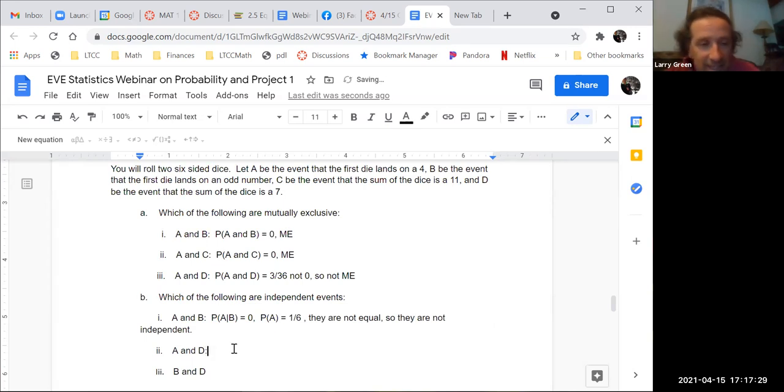Okay, let's look at A and D. So A again is the event that the die lands on a 4. D is that the sum is a 7. And decide whether those are independent or dependent. Again, it takes some calculation.